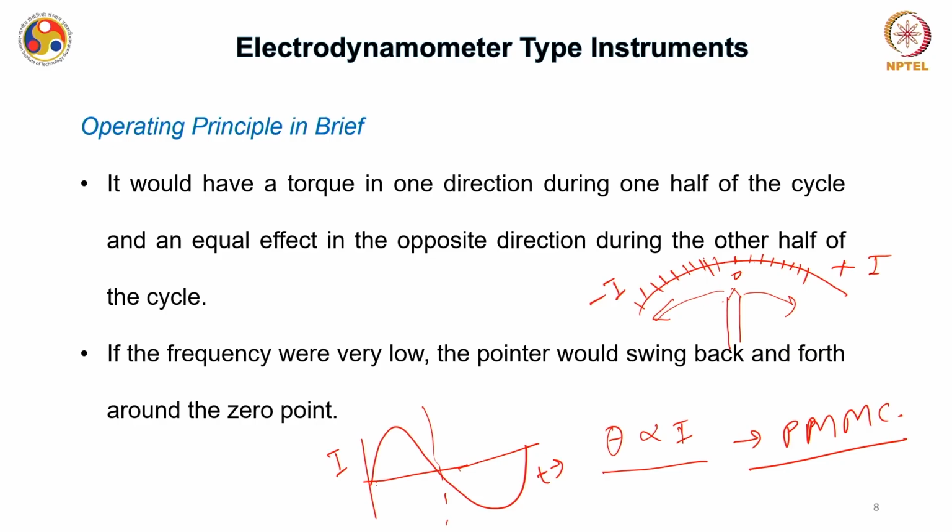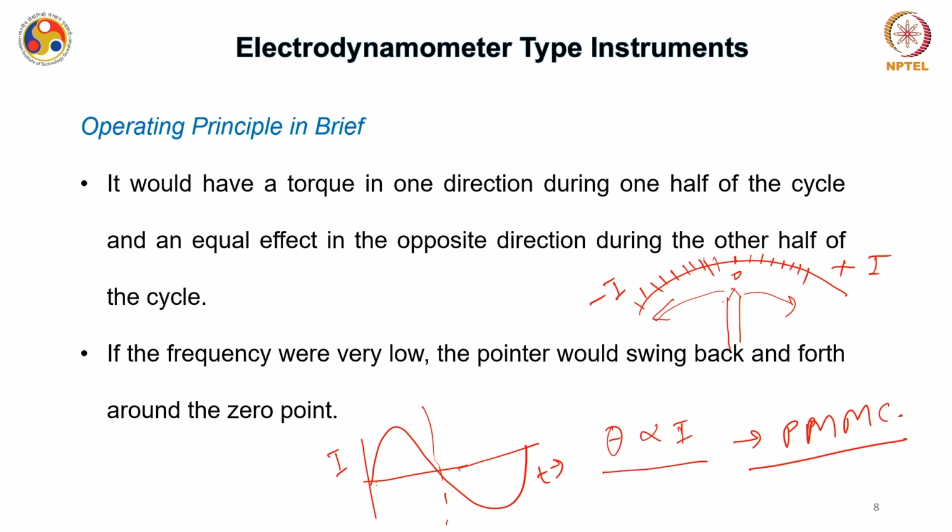Now, if the frequency is very low, the pointer will swing back and forth around the 0 point, as in the case of, say, DC. Because of its inertia, when it was very high, it was going here and coming back, because it has that much time to come back.